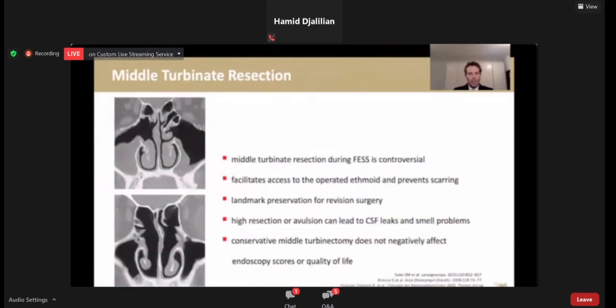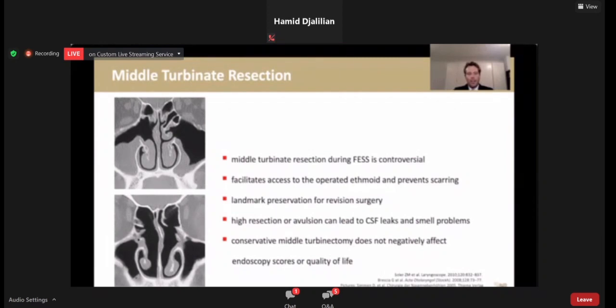Last but not least, middle turbinate resection is a controversial aspect of functional endoscopic sinus surgery. It facilitates access to the operated ethmoid and prevents scarring.